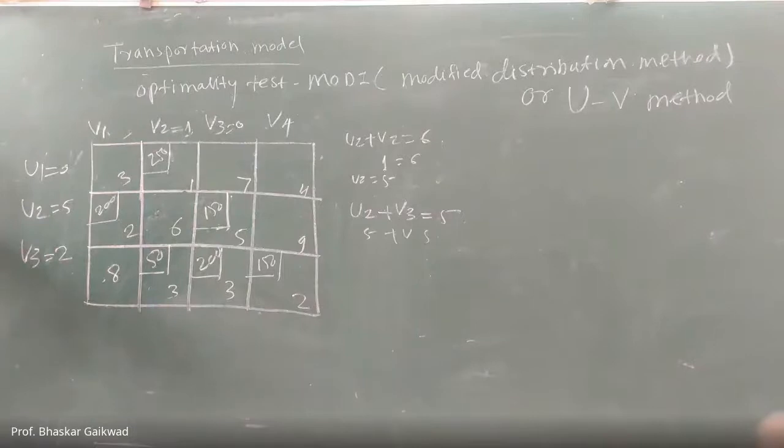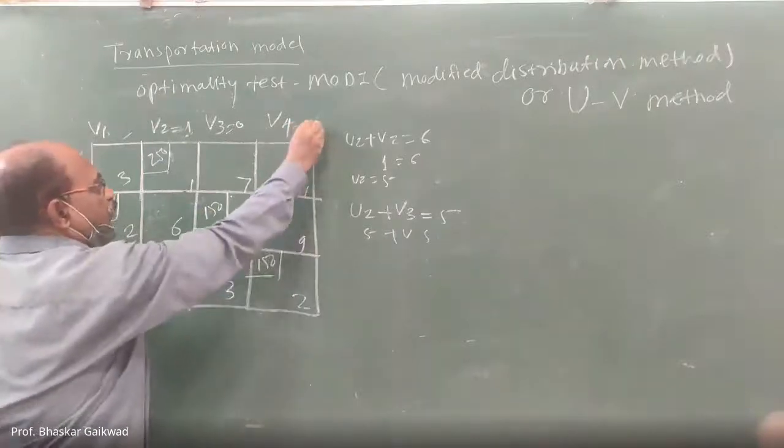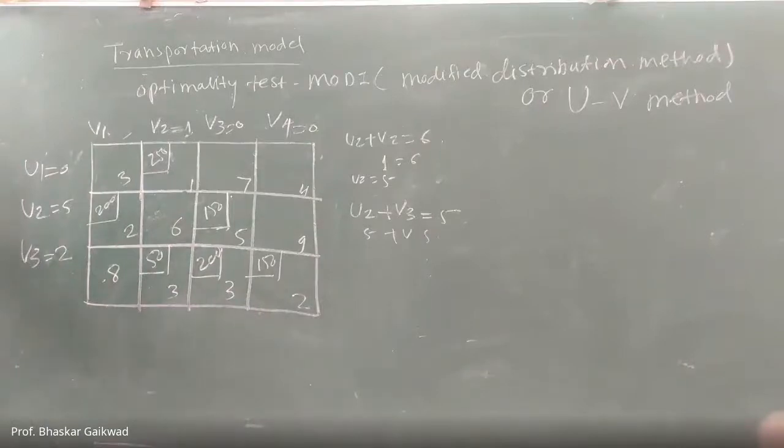What about V4? So here it is 2 plus B is equal to 2. Here it is 0. So 2 plus 0 is there. Now you can check any value here. Now related to this. So 5 plus this is equal to 2. So 5 plus V1 is equal to 2.